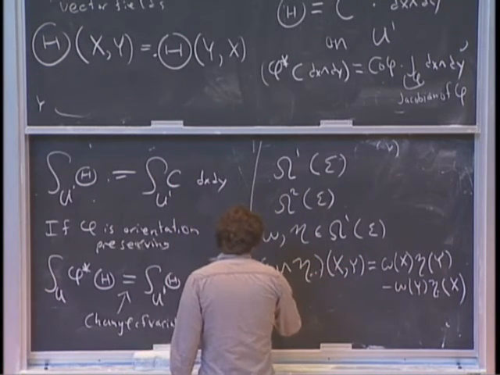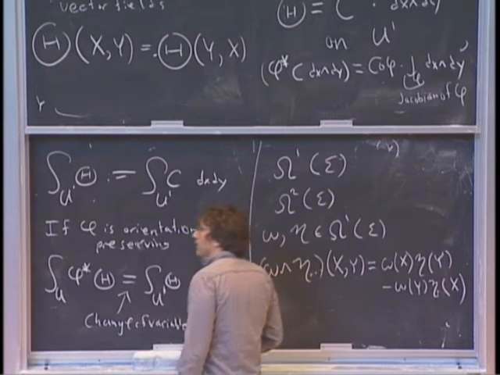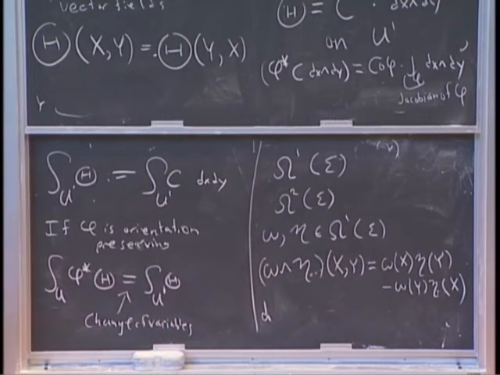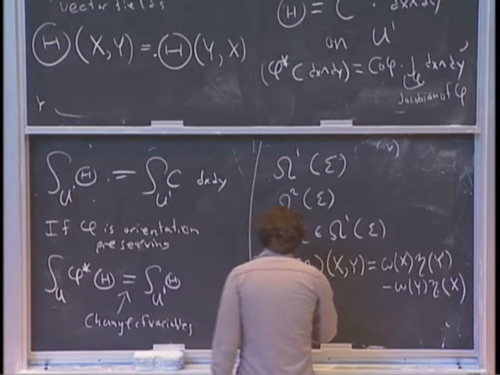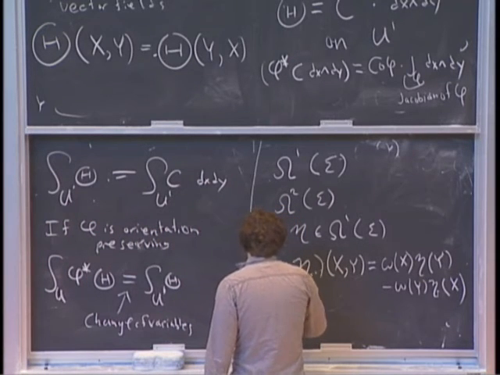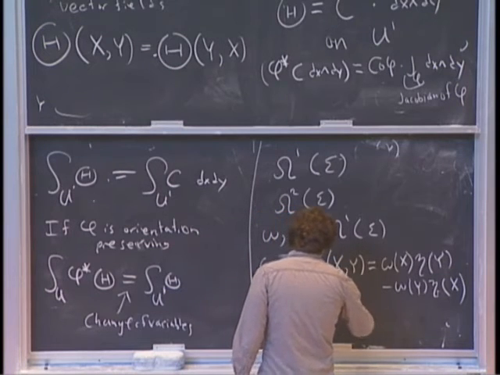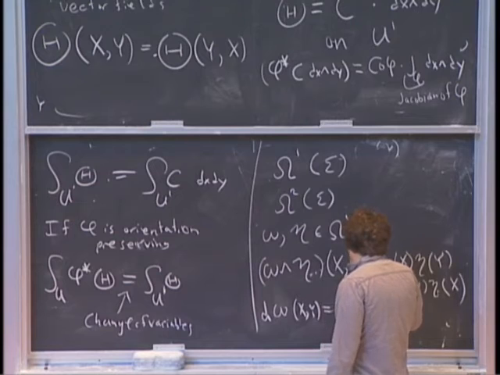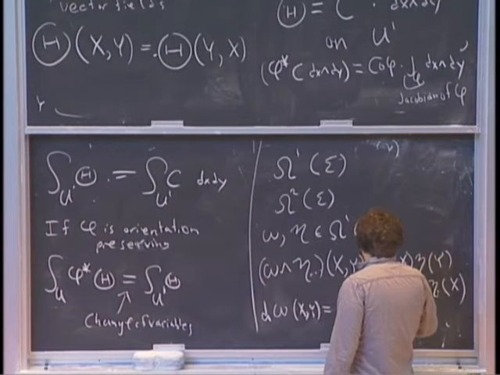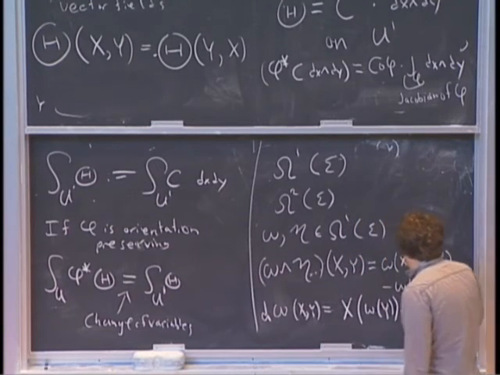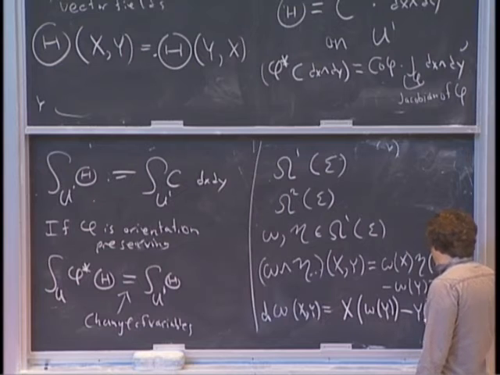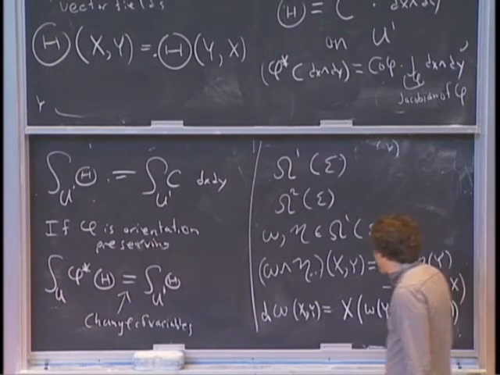The other operation we have is, of course, an extension of the operator d, which is that d of omega evaluated on x and y is going to be, by definition, you take the vector field x and look at the evaluation omega of y, and then make it anti-symmetric by doing it in the reverse order. Okay?